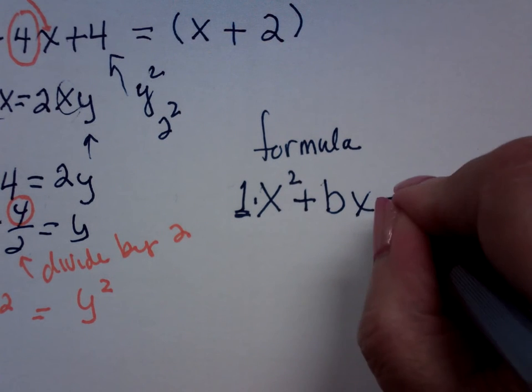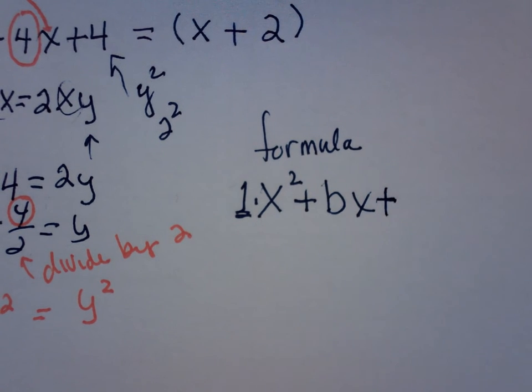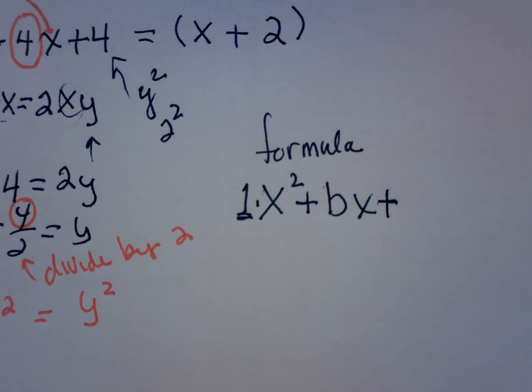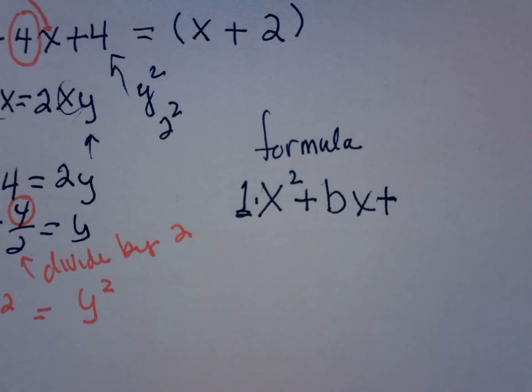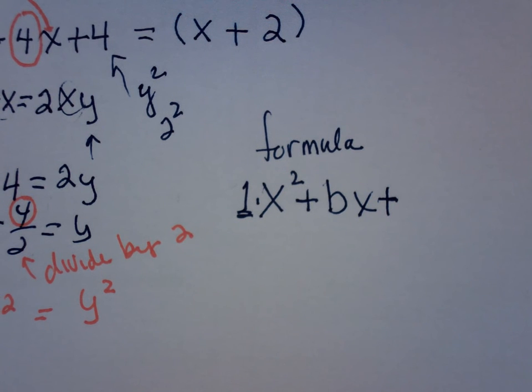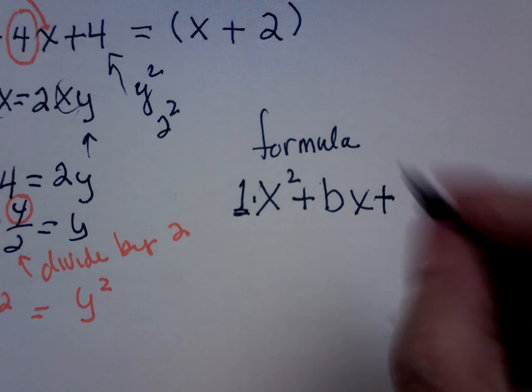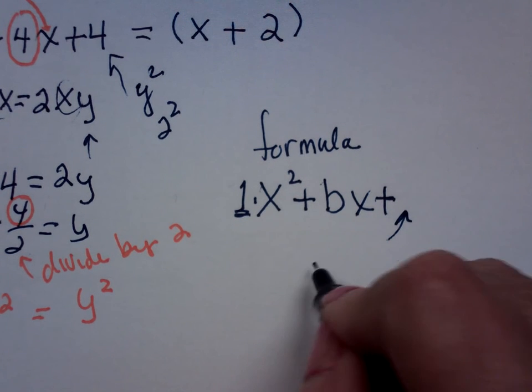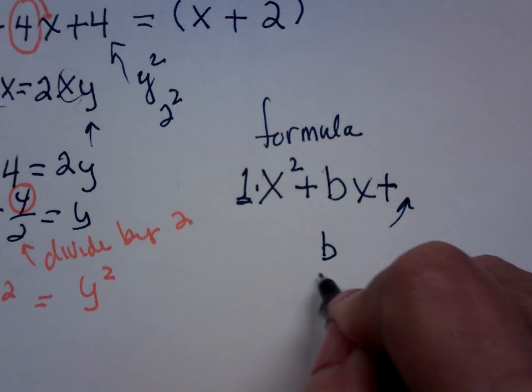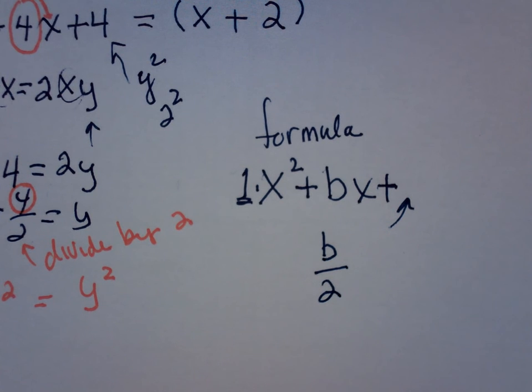In order to, and you're going to always add, because remember the last, if the signs for a perfect square, it's going to be a minus and a minus, or a plus and a plus. So if the middle term is plus, it's plus. If the middle term is minus, it's minus, right? So whatever happens, this is going to be a plus always. So what's going to go here? You're going to take the middle term, divide it by 2.